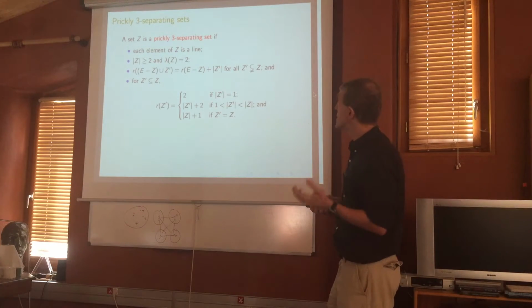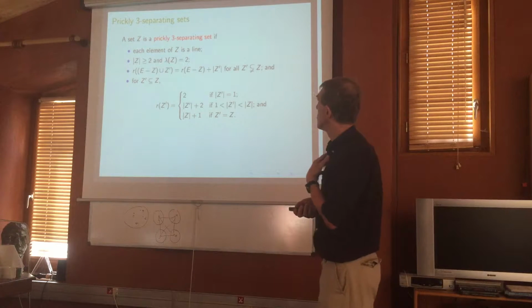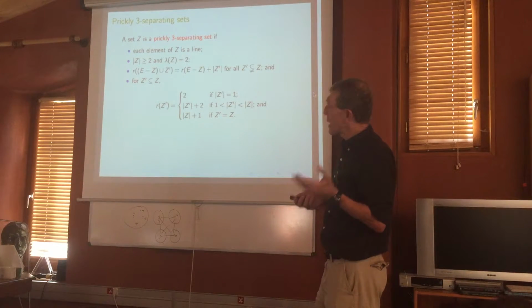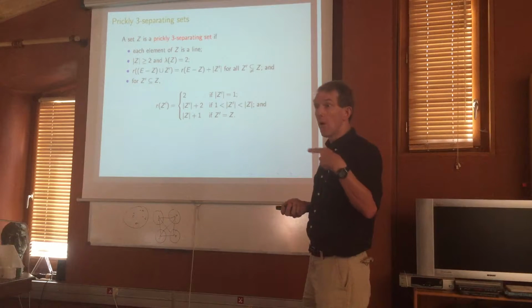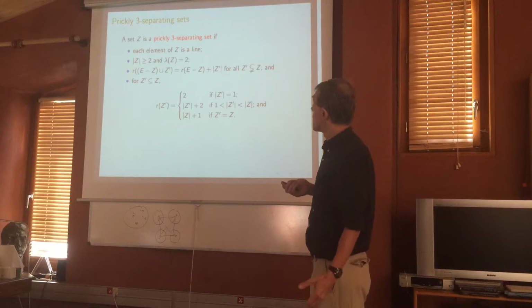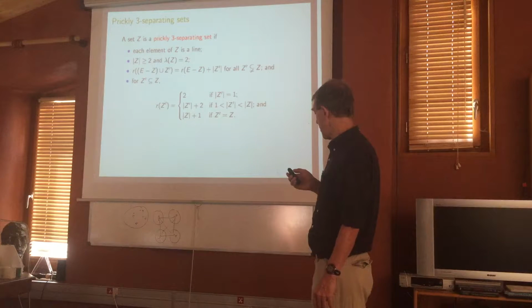Okay, so here's a definition. It's a little bit cumbersome, but a prickly three-separating set is a set Z of lines, and there are at least two of them. It's a three-separating set, so that's what the second condition says.